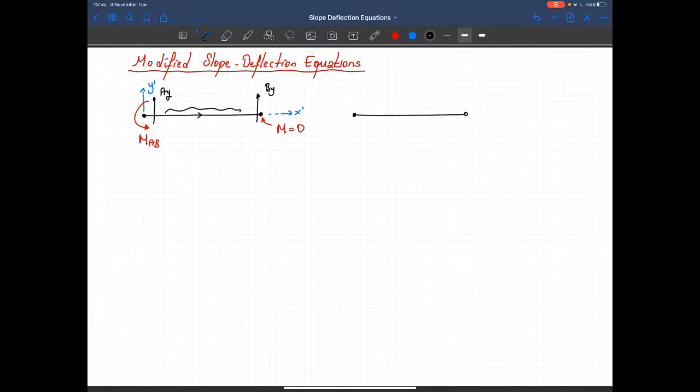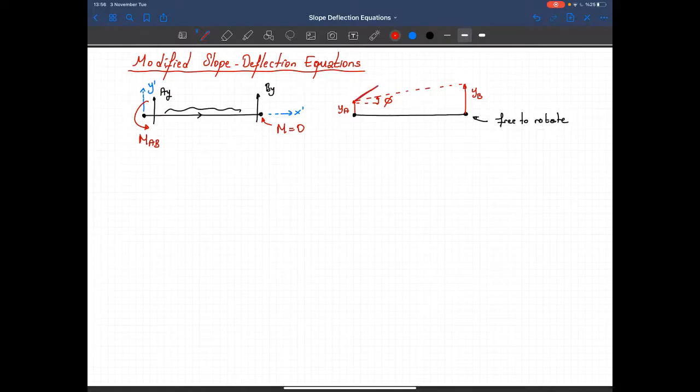So the far end is free to rotate, right? That's the condition of having a 0 moment. Again, the deformed shape, point A can translate, that's YA here. Point B can translate, YB. And that's the chord rotation. That's our phi angle.